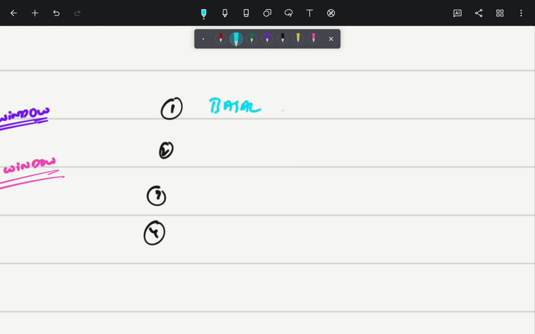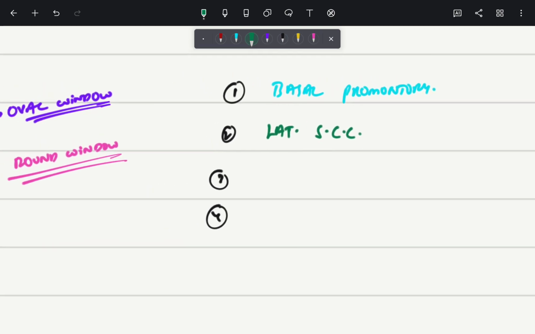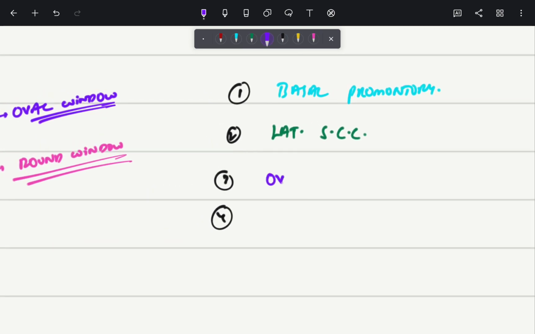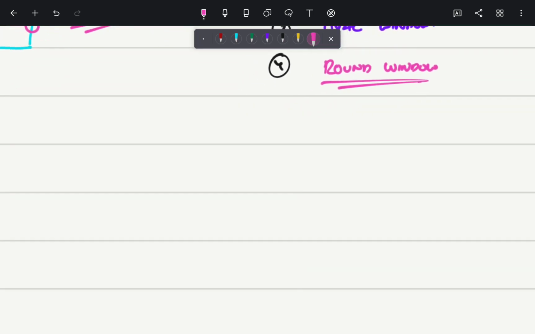The basal promontory, the lateral semicircular canal, the oval window and the round window. All these structures are present on the medial wall of your middle ear.